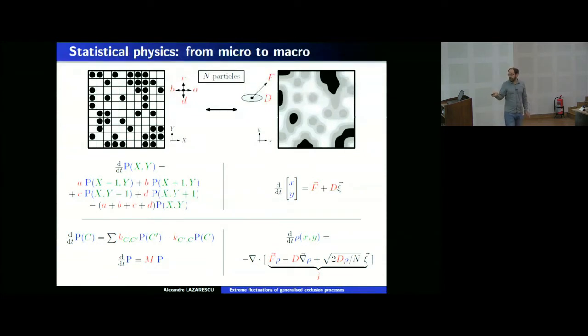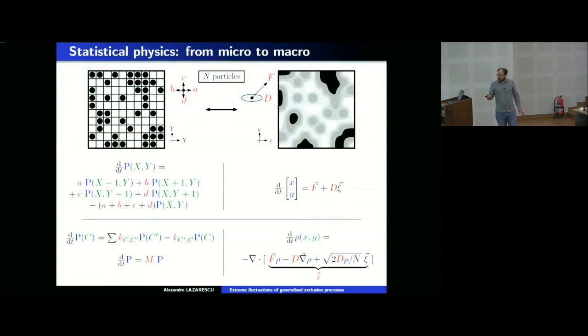And there's a new noise with an amplitude d rho over n, which comes from the uncertainty that we have because the number of particles is large but not infinite. The deterministic part of this equation is qualified as hydrodynamic by analogy to the equations of fluid dynamics.